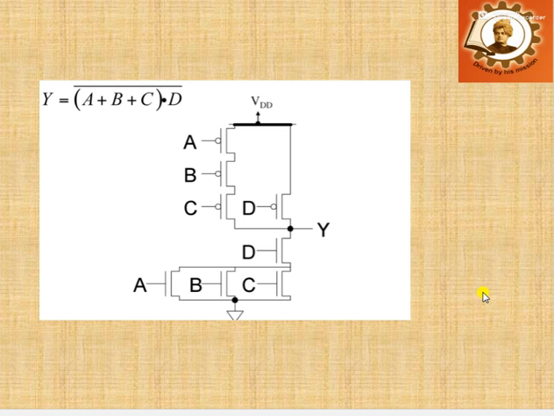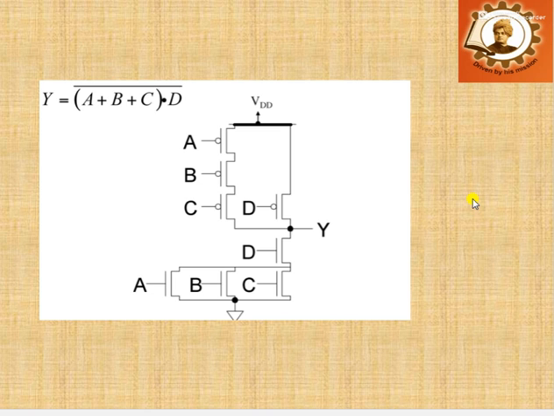So A, B and C will be in parallel combination because they are in OR operation, and D will be in AND operation, so D will be in series with this parallel combination. So we are getting our pull down network.